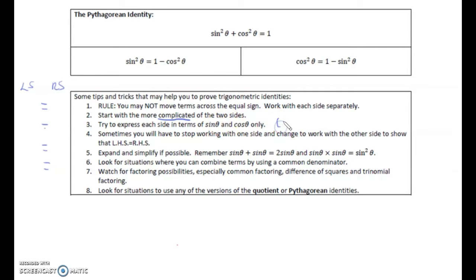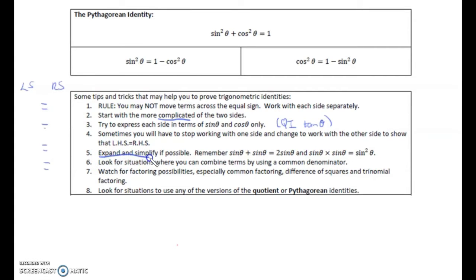Use the quotient identity whenever you see tan theta. Number 4, sometimes you'll have to stop working with one side and then go to the other side and manipulate the other side in order to show that both sides are equal.